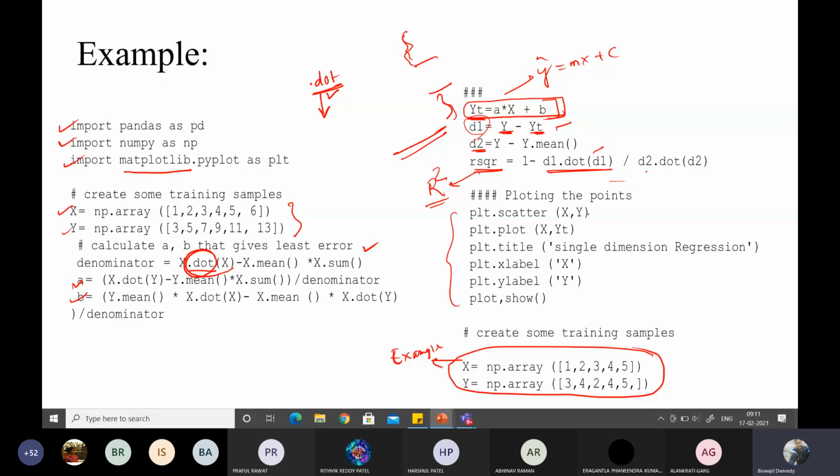Here we have just plotted those input points with a scatter plot. The x label will be x, the y label will be y, and on the top this title will be given. All these things are for plotting purposes, but the main purpose is to find your r square, your a and b. So let us go to Spyder and check.